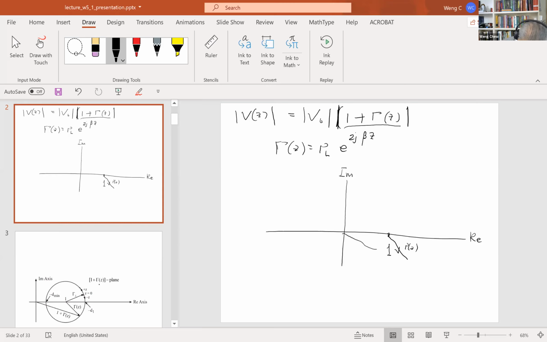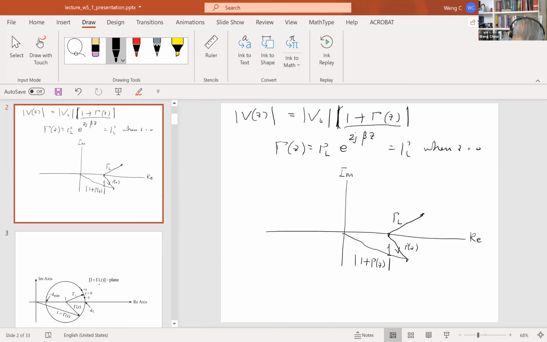And this magnitude here will be 1 plus gamma z. Okay, and gamma z is given by this. When z equals 0, then gamma z is gamma L.